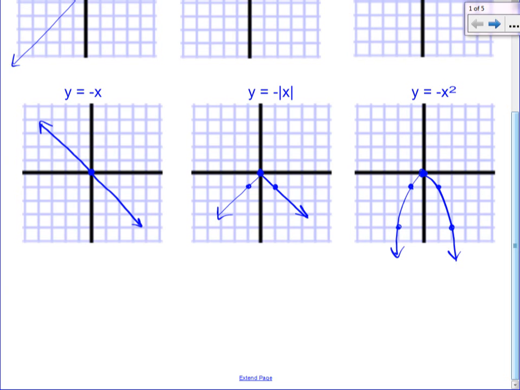Looks like that. Okay, so we've learned the first thing already. If you have a negative sign right after your equal sign, it's going to flip your graph upside down from here until the end of the year. Anyone still need this?